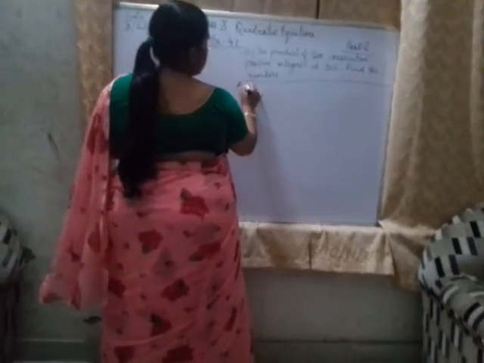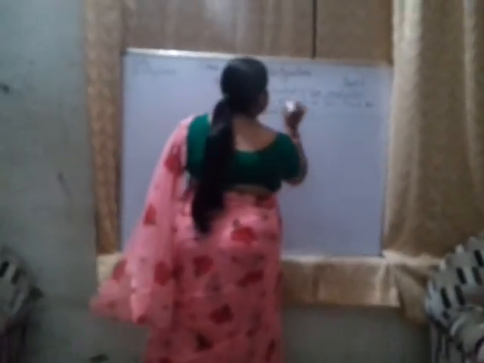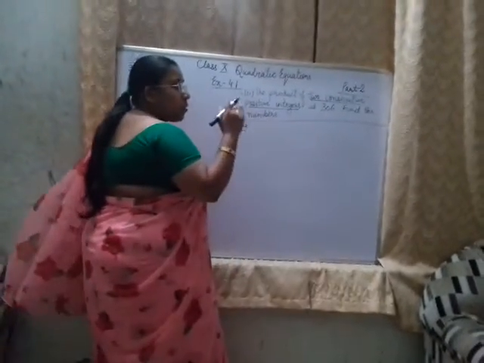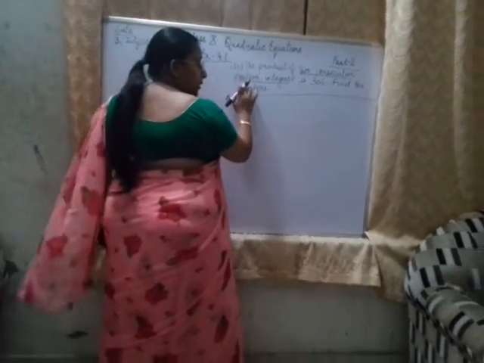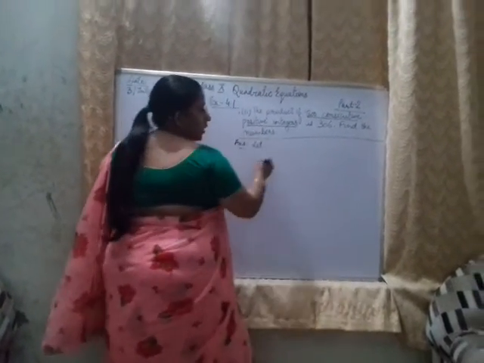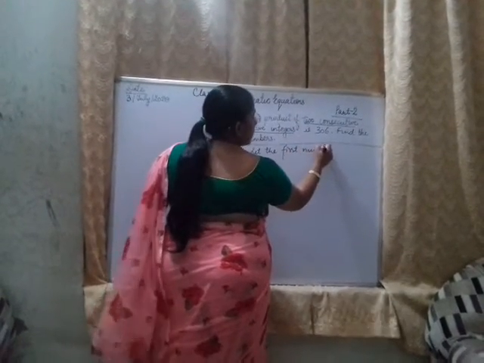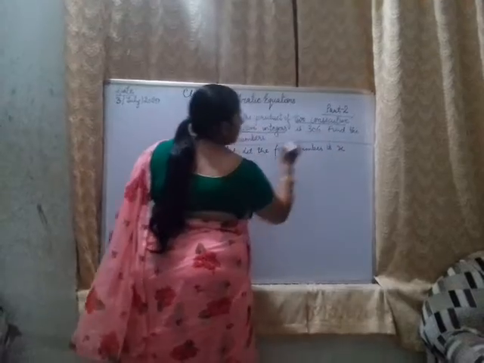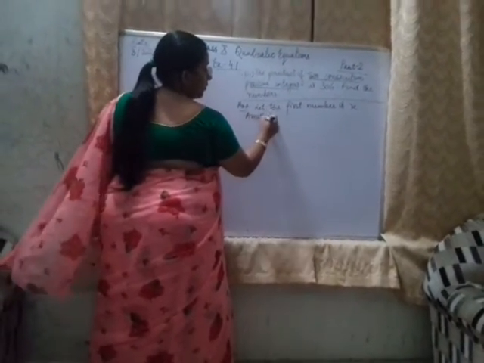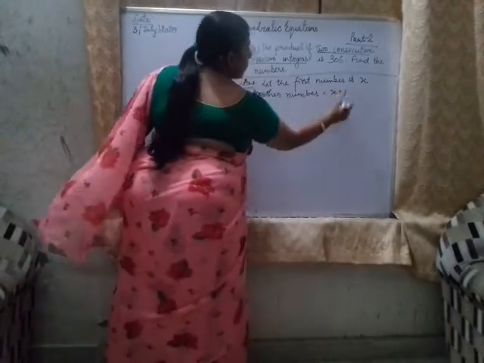Now the answer to this question. The product of two consecutive positive integers. Two things are there. The numbers are consecutive, means one after the other. Positive, they have positive value. So let the first number be x. So the consecutive number will be x plus 1.